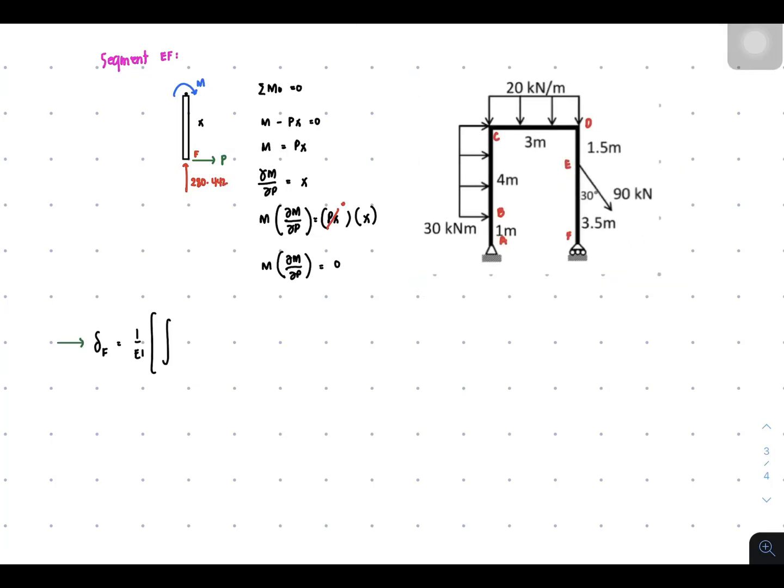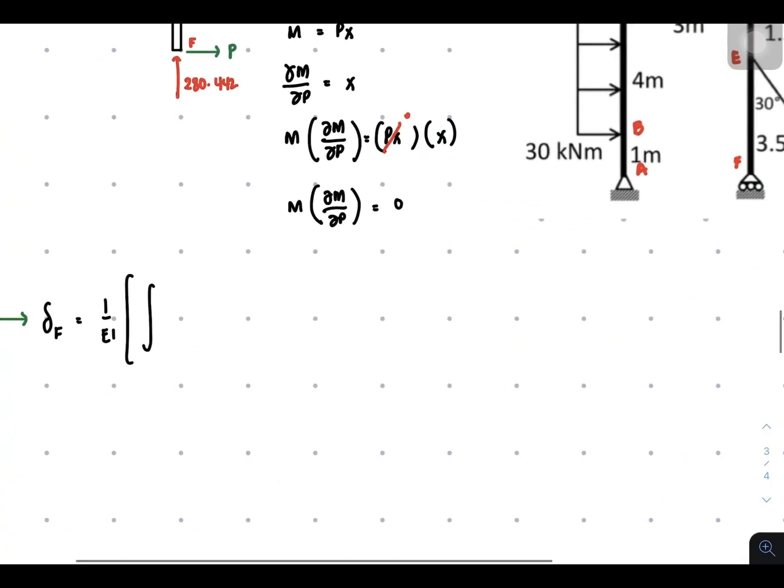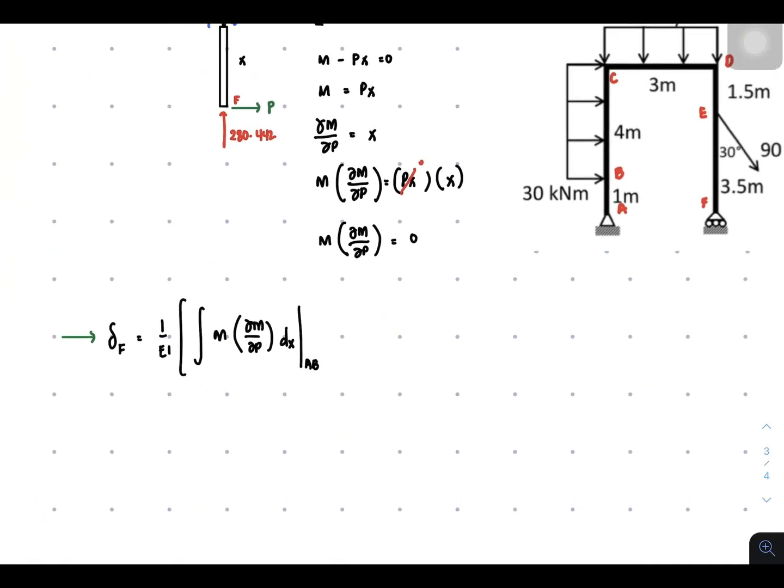This is just my guide for the limits, since this is for the integral of the product of M with the partial derivative of M with respect to P dx from A to B. The length of AB is 1 meter, so this is 0 to 1.